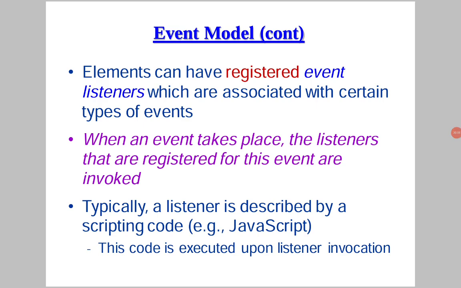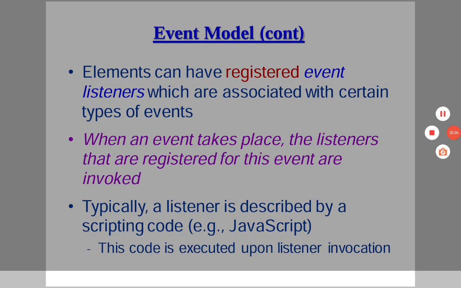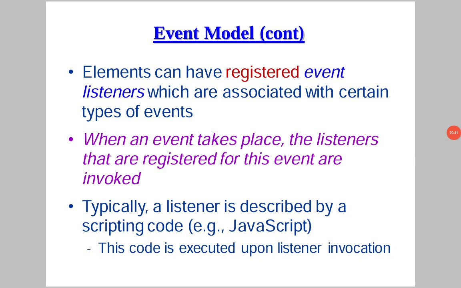Generally, events are raised by the users whenever you press a key on the keyboard or a button on the mouse. Every event has its own code, generally written in JavaScript, and that code will be executed whenever a particular action occurs or a particular key is pressed. Examples are keyboard and mouse.